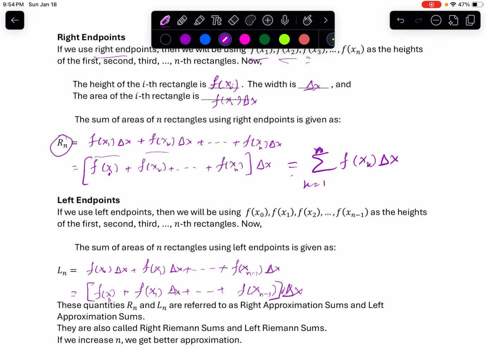And in this case, it will be summation k equals 0 to n minus 1 of f of xk delta x. So this quantity is the same, so only the index is different. So the summation notation comes into play here.